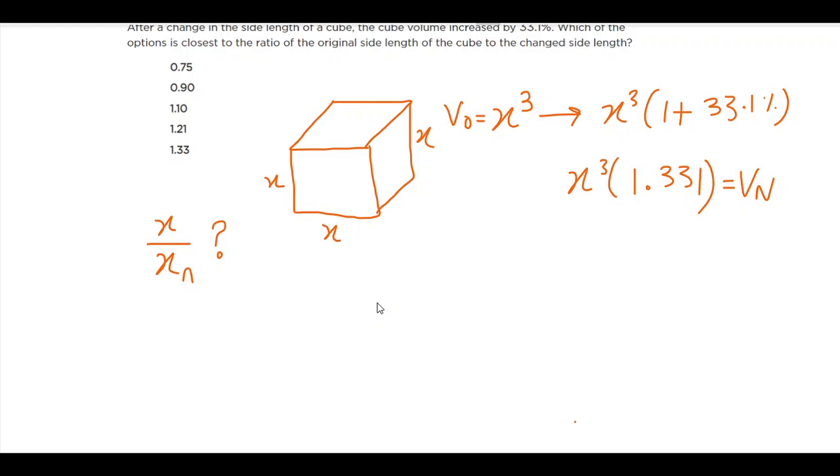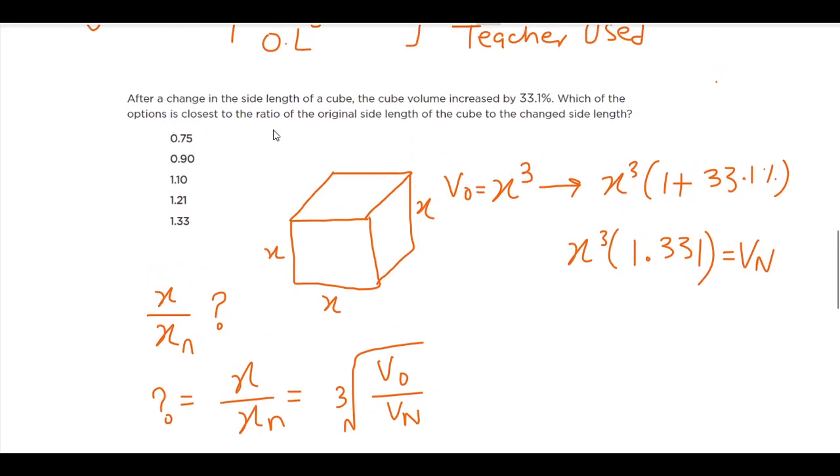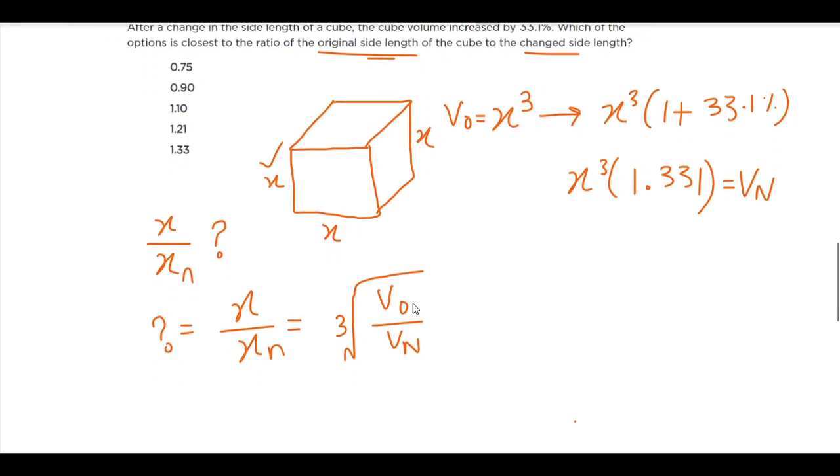So if I somehow can find the ratio of the original volume to the new volume, and take the cube root of this, then that would be equal to what the question has asked me, which is the ratio of the original side length, x, to the changed side length, x new.